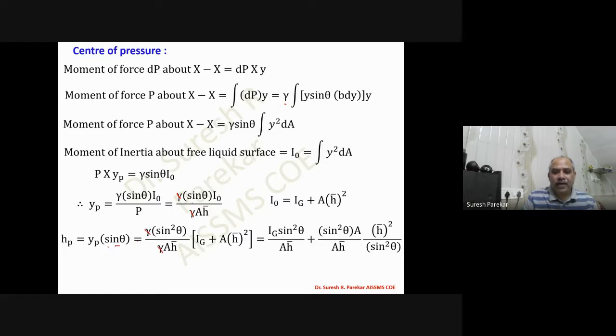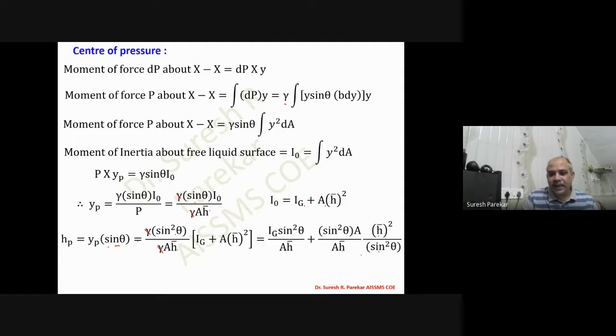Now yp we have sine theta I naught upon A h bar, and the gamma actually gets cancelled. I naught we have IG plus A y bar square. So we have sine square theta upon A h bar outside. And then if we separate out, we have IG sine square theta upon A h bar plus sine square theta into A upon A h bar into h bar square upon sine square theta.